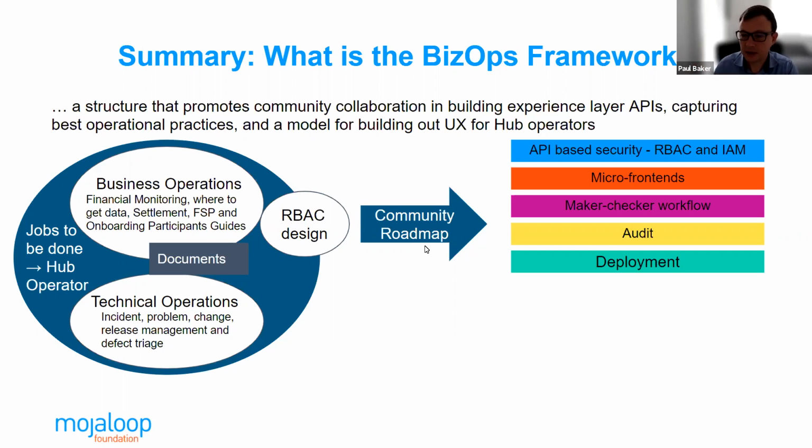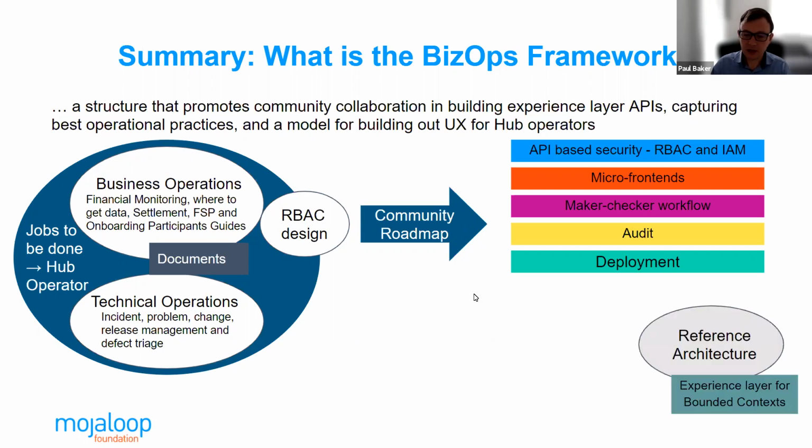It needs to incorporate microfrontends, and it needs to facilitate the maker-checker workflows, include detailed auditing, and we'll have some sort of plan around how it needs to be deployed. Details of that are really in the previous convening presentation.